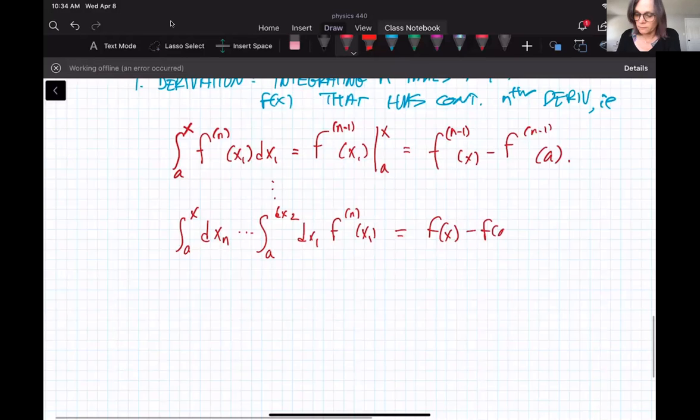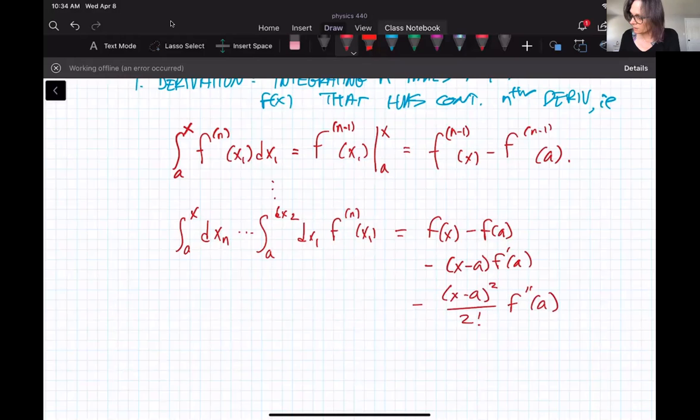minus f of a, minus x minus a times f prime evaluated at a, minus x minus a squared over 2 factorial f double prime evaluated at a, minus and so on, minus x minus a to the n minus 1 over n minus 1 factorial times the n minus 1th derivative evaluated at a.